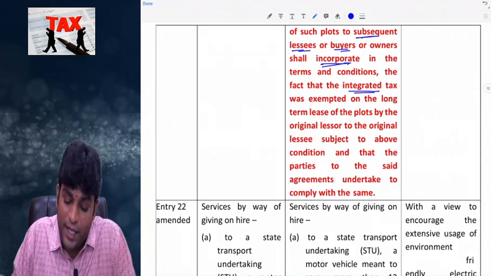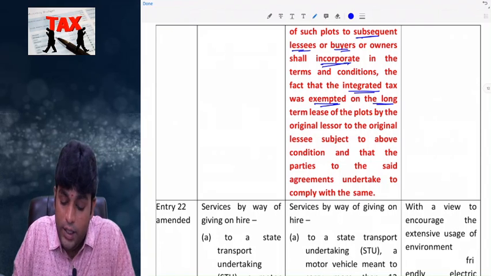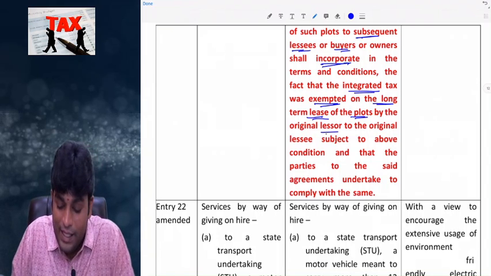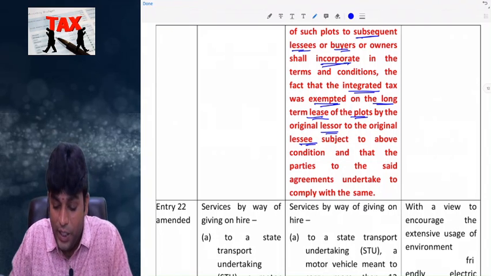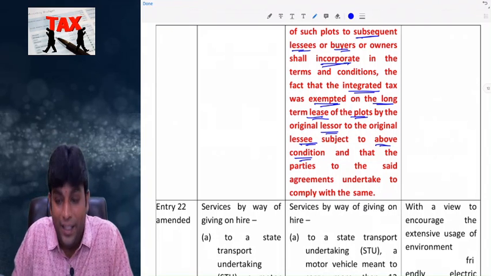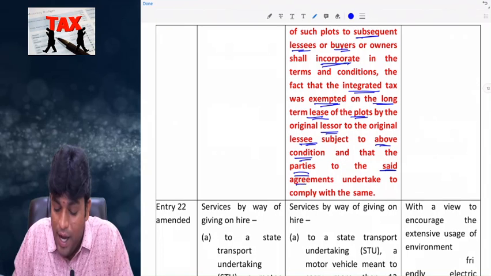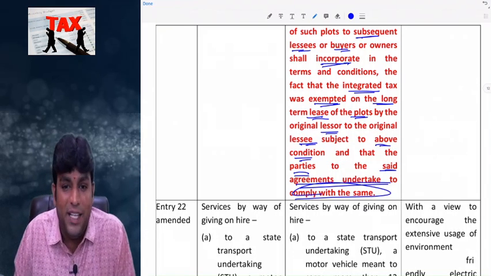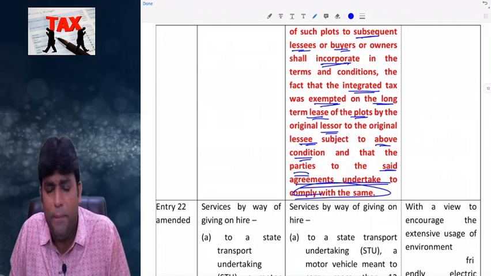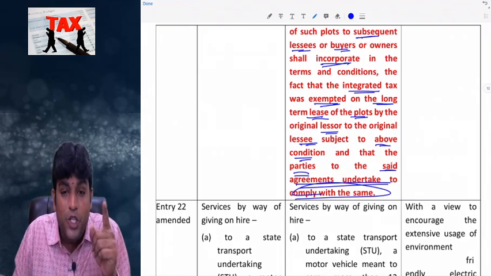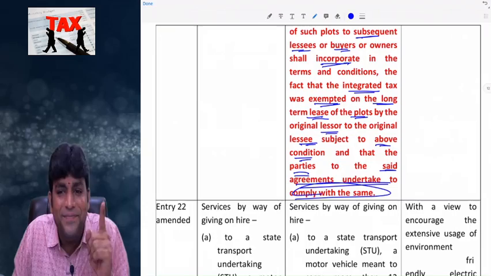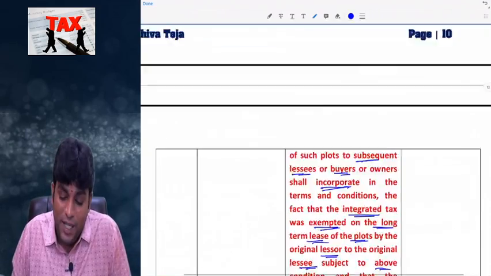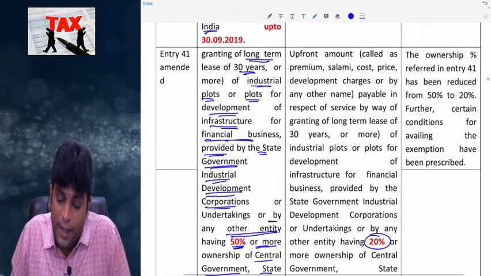That the integrated tax was exempted on the long-term lease of the plots by the lessor to the lessee, subject to the above condition, and that the parties to the said agreement undertake to comply with the same. If they don't undertake to comply with the same, then the lessor, lessee, all the parties involved will become jointly and severally liable.